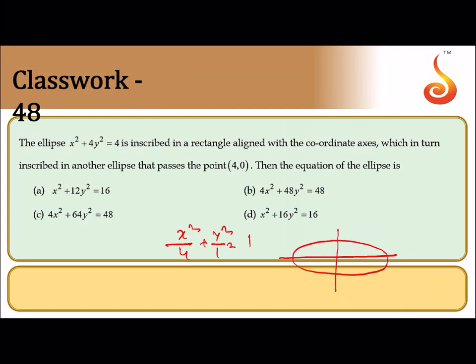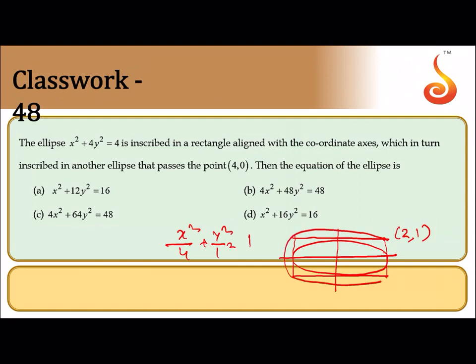This is the given ellipse, inscribed in a rectangle. Obviously the coordinates of the corners will be (2, 1).